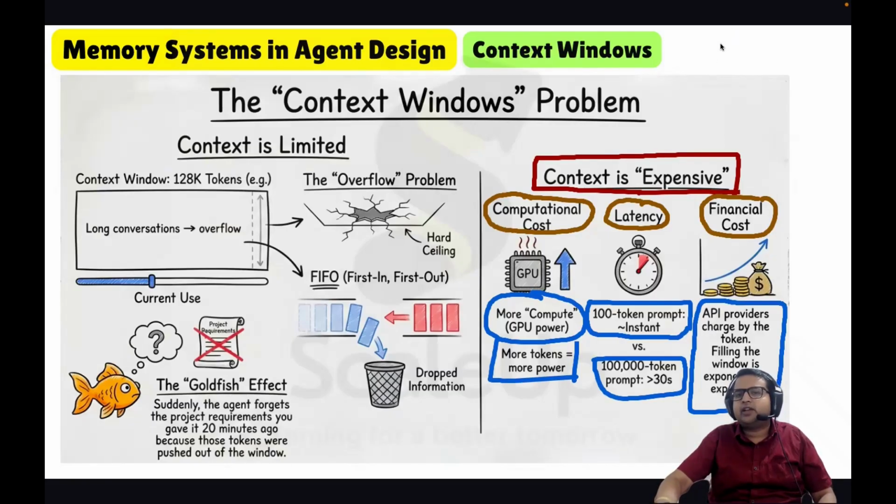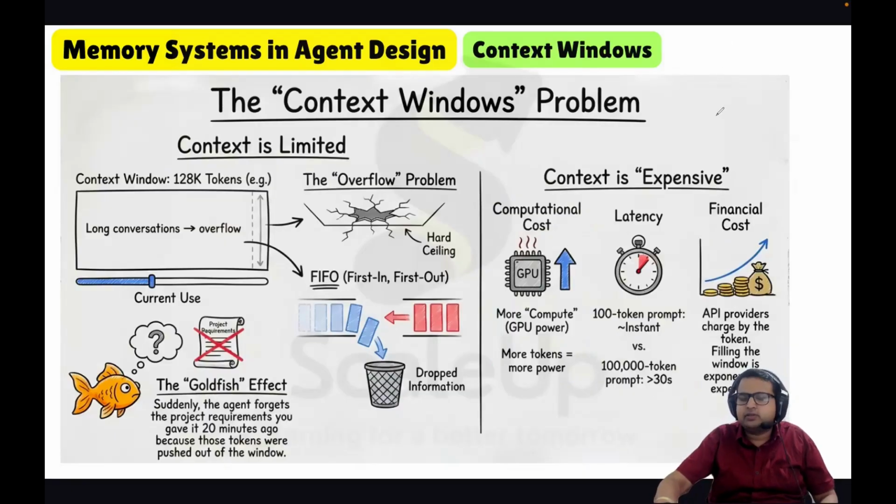So it's very clear that context is expensive. The computational cost is involved, latency is involved, and financial cost is involved.